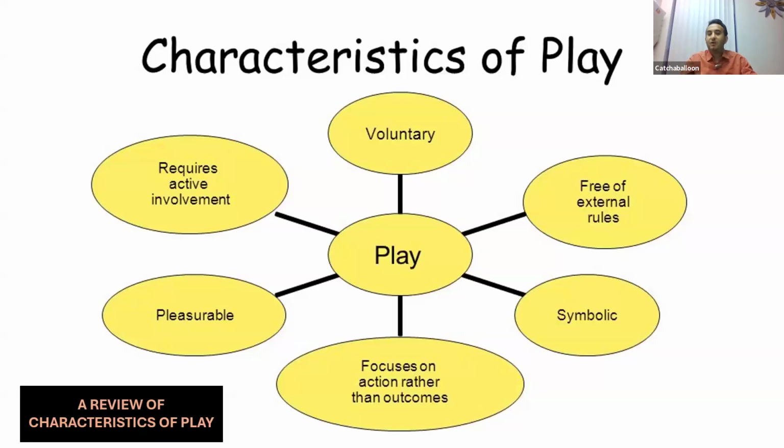Even thinking or observing something is doing that thing, okay? But the child is not passive. And sometimes playfulness is about flexibility and suspension from reality or external rules. So we know these characteristics of play.